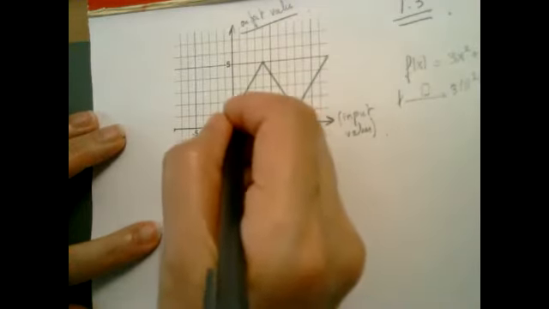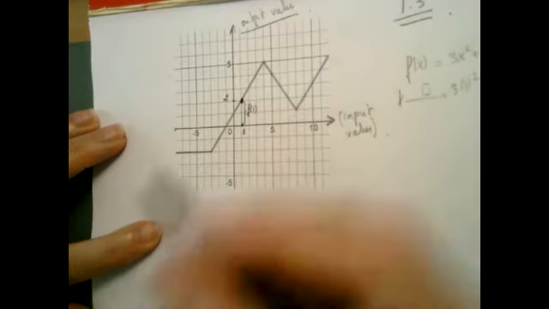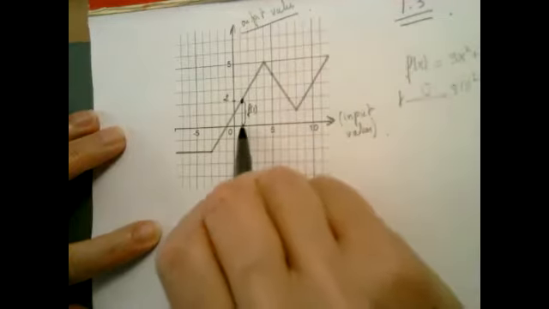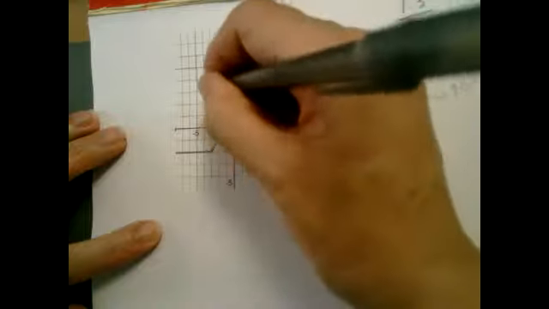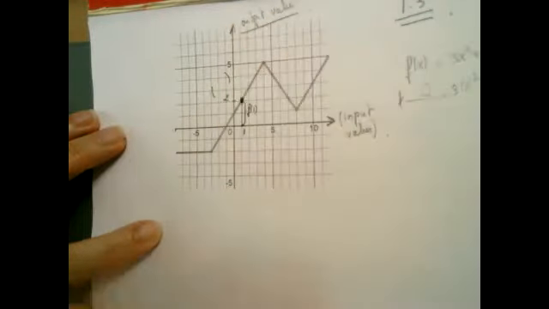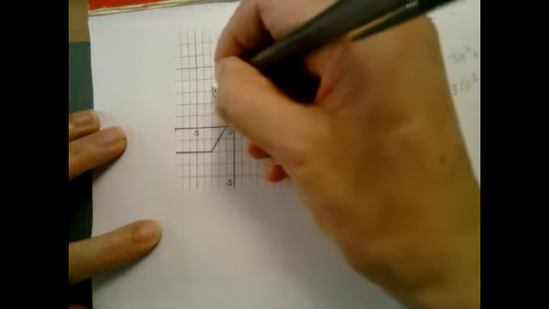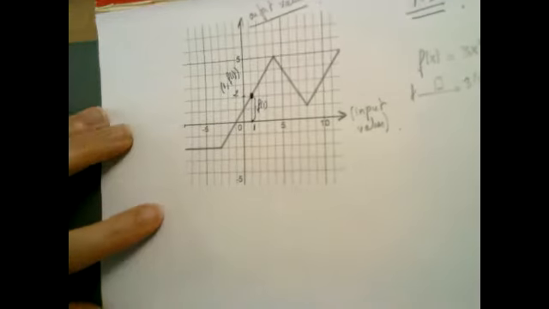This point here, one coordinate is 1, and the other coordinate is f of 1.